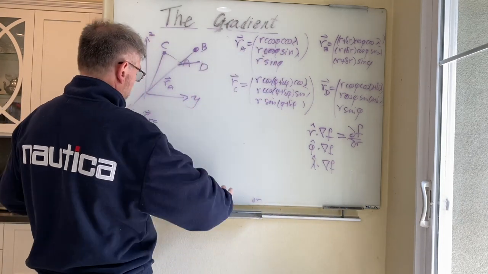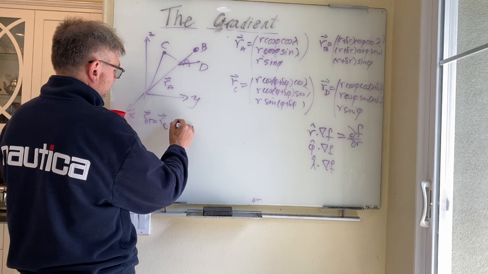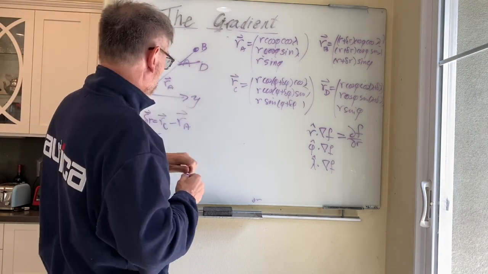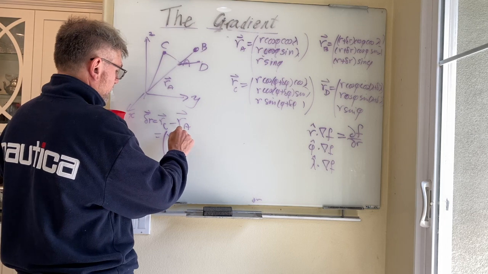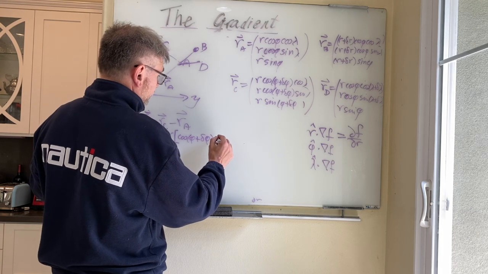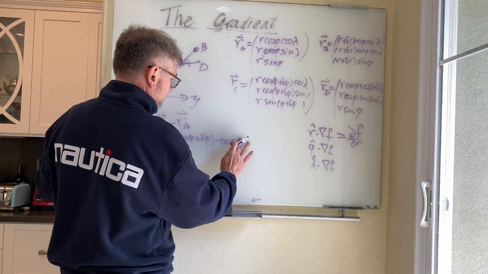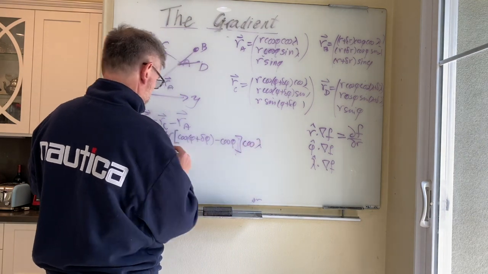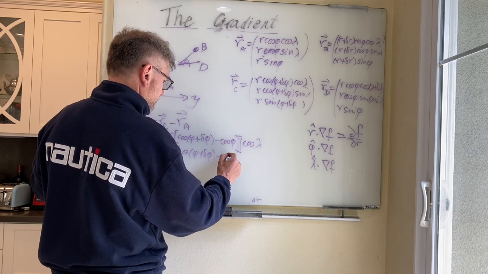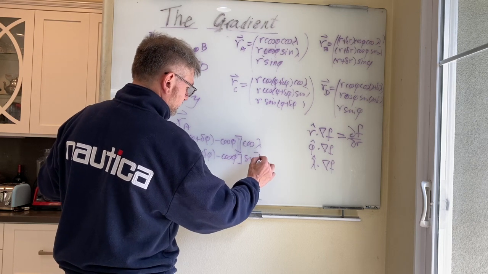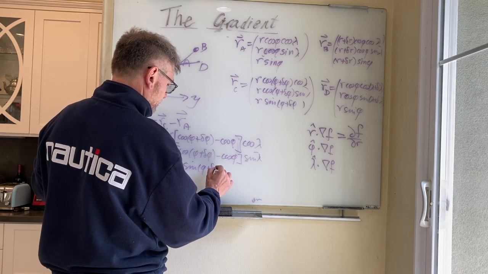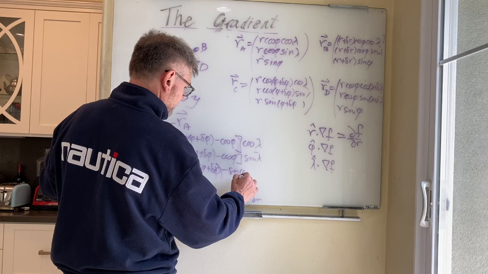So now if I do rC minus rA, that will be the difference between this minus that, and what I'll be left with will be r times the bracket cosine of phi plus delta phi minus cosine phi, cosine of lambda; r times cosine of phi plus delta phi minus cosine of phi, sine of lambda; and the last one, r times sine of phi plus delta phi minus sine of phi.